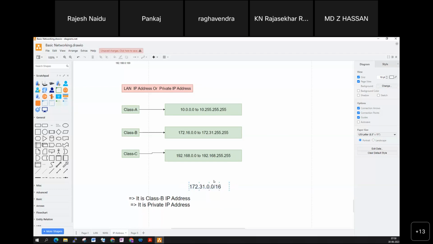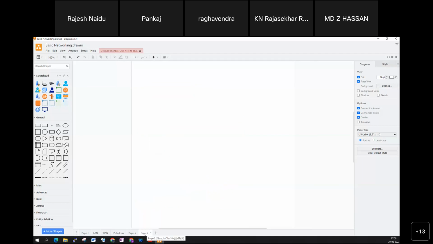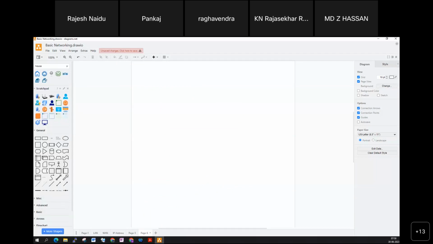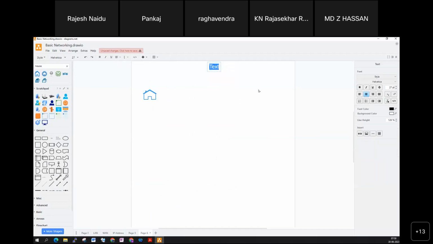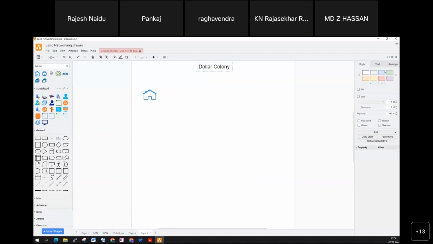So guys, to understand /16, I'm going to explain a small story here. This is Dollar Colony. The colony name is Dollar Colony.